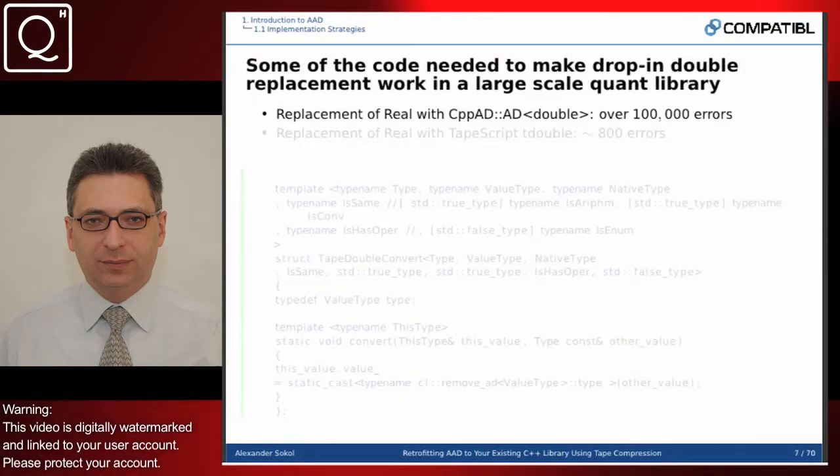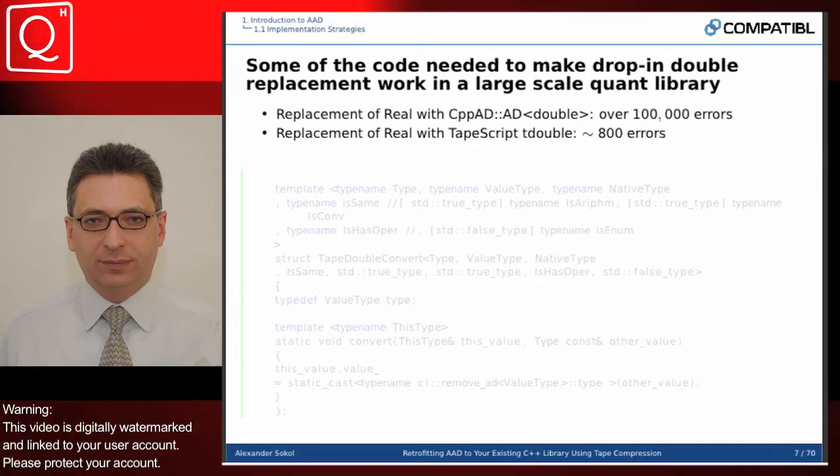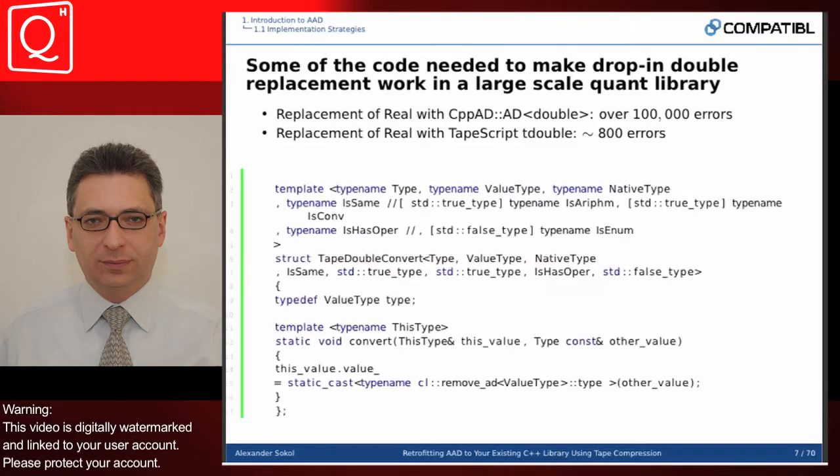Now let me just show quickly some of the code that's needed to make a drop-in double replacement work on a large-scale library. Normally one would think, if you are programming in C++, that operator overloading makes it possible to create a class that behaves like double. Well, unfortunately, not quite.